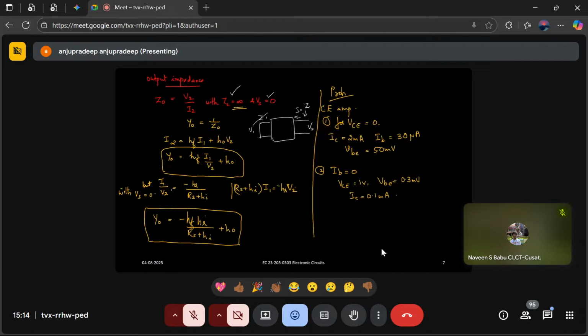But I1 by V2, we have already written as minus HR divided by RS plus HI. How do you get that? RS plus HI, how do you get this equation?